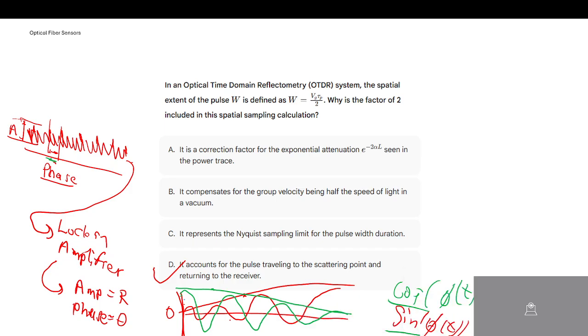Now you can see the loss, because of the sine and cos, can be compensated because of both the amplitude and the phase. Like this, you can see here, the sine part is enhancing, the amplitude is increasing like this, and the cos part is decreasing.